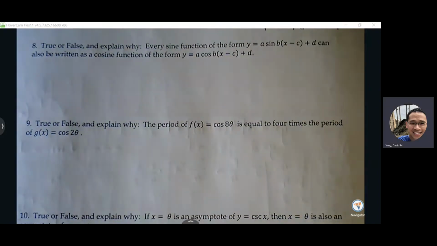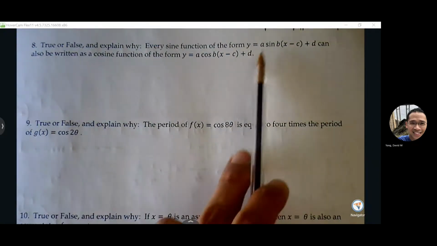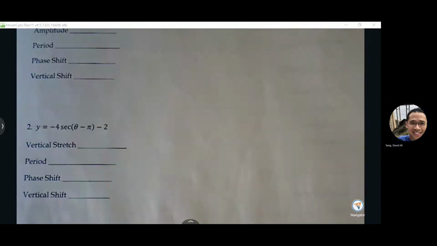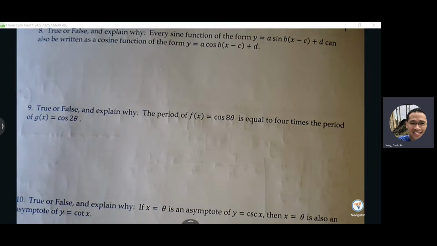Okay, number 8 says true or false. Every sine function of the form a sine d x minus c plus d can be also written as a cosine function in the same form. And what do you think the answer to this one is? True, right? We just experienced that with 5 and 6, right? That we know that sine and cosine are just shifted versions of each other. I can always write one in terms of the other.